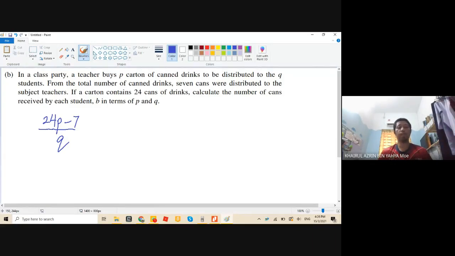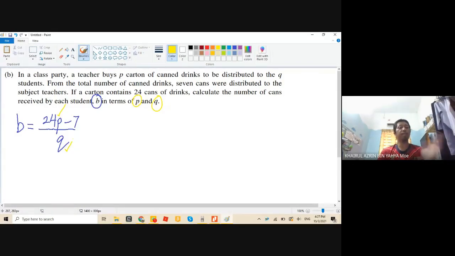Okay, what was the question? If a carton contains 24 cans of drink, calculate the number of cans received by each student, B, in terms of P and Q. So the question asks us to find B in terms of P and Q, meaning in the equation should have P and Q. Yes, we have P and we have Q. So this is correct.